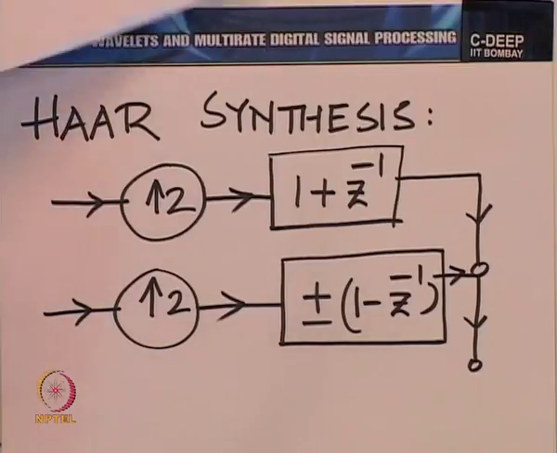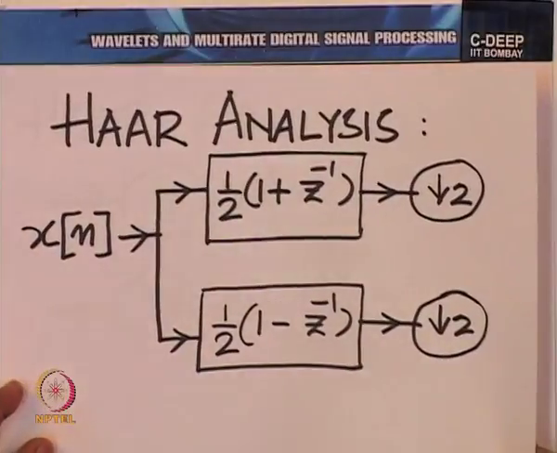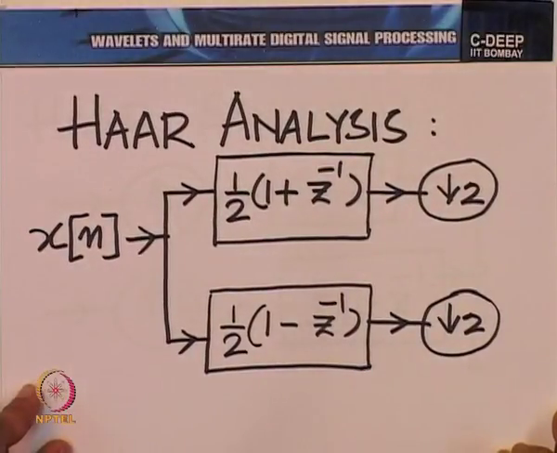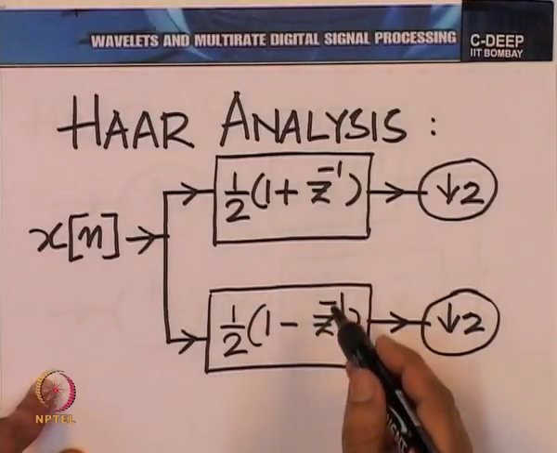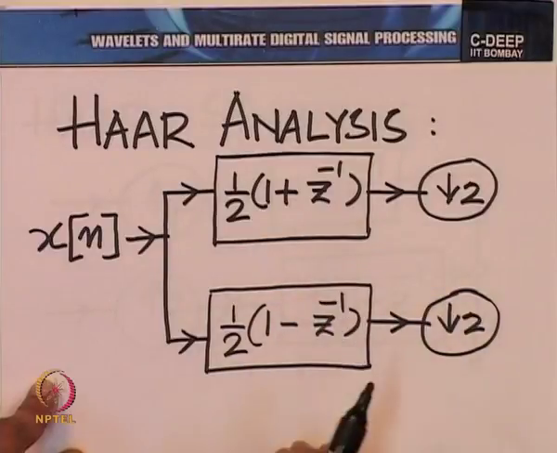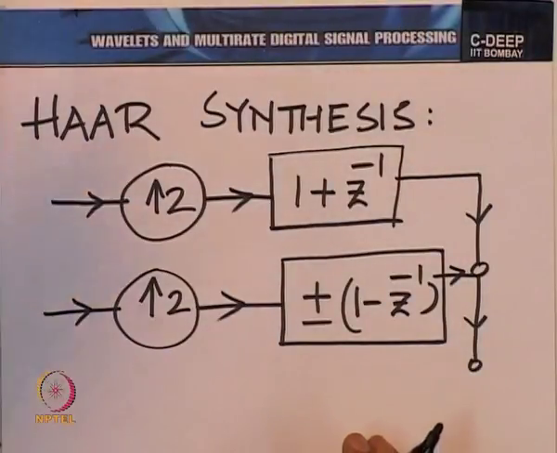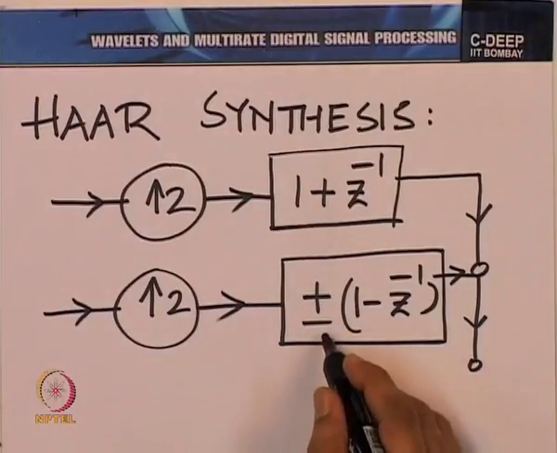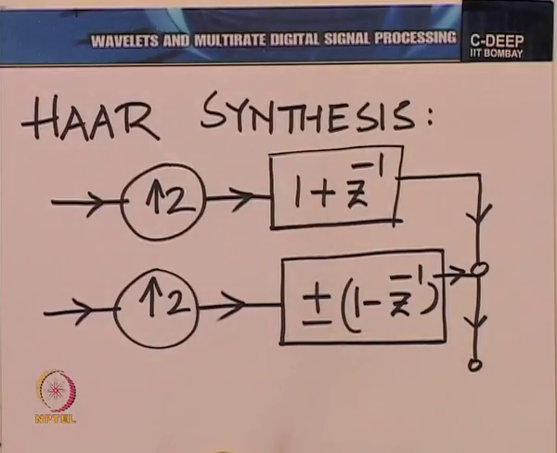Now, there are several things to which we must pay attention. One is, if you look at the structure of the analysis and the synthesis filter banks, the filters are almost identical. These are the two filters for the analysis side, and these are the two filters for the synthesis side. Please note, I am allowing an ambiguity here.